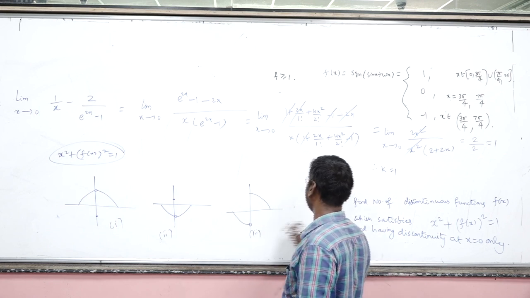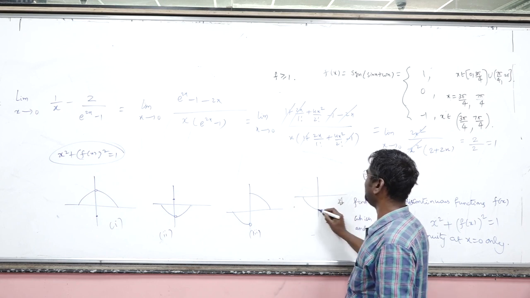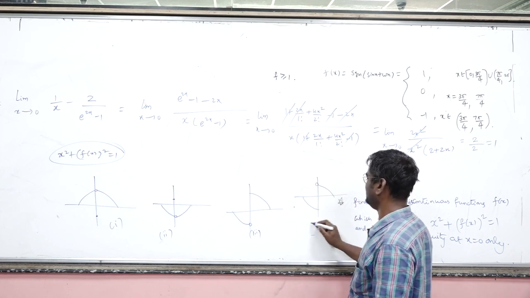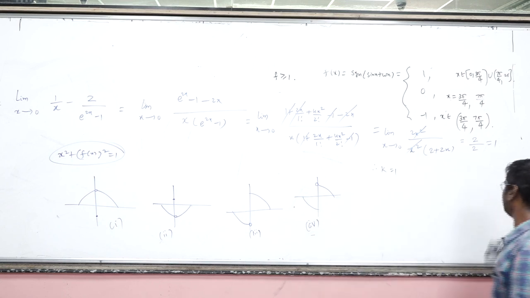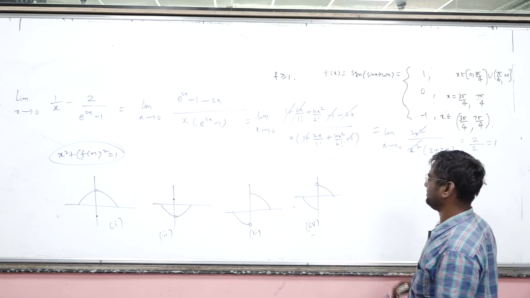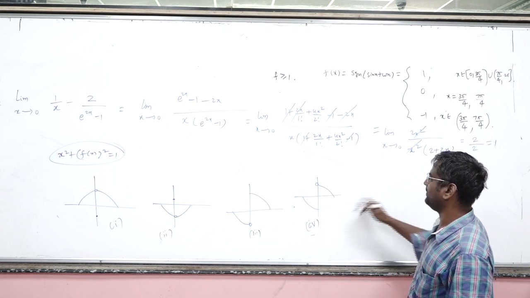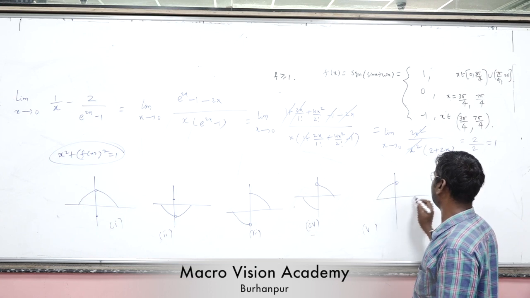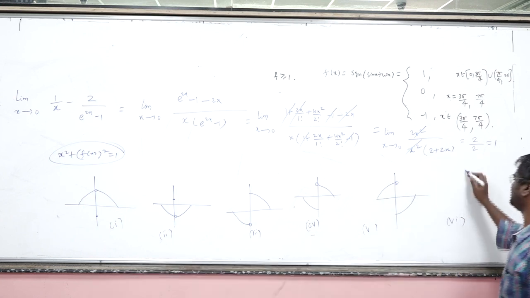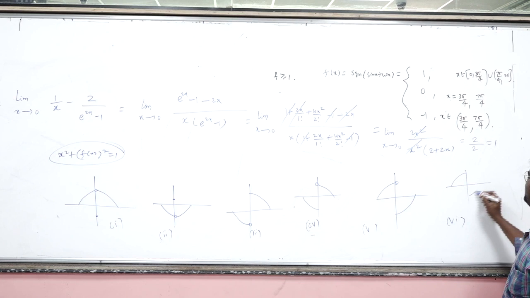This is case 3, and the same thing I can reverse. This is case 4, okay, and then I can put a hole there. Corresponding reflections: case 5 may be like this, and case 6 may be like this.